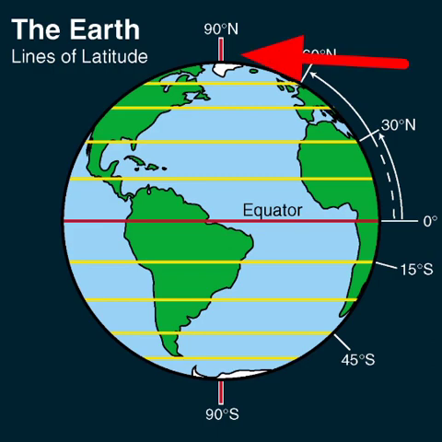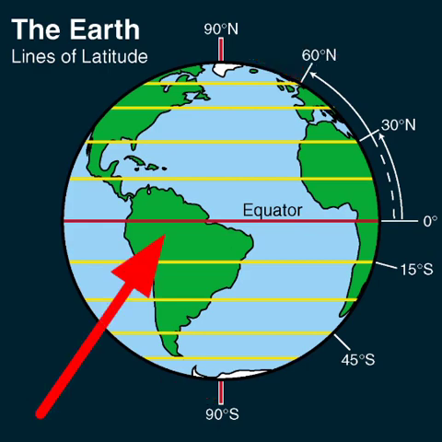The particular 90 degree north is the North Pole. The latitudes in the southern hemisphere are numbered the same way till we reach the South Pole or 90 degree S. The equator is the longest latitude, which is called the Great Circle.